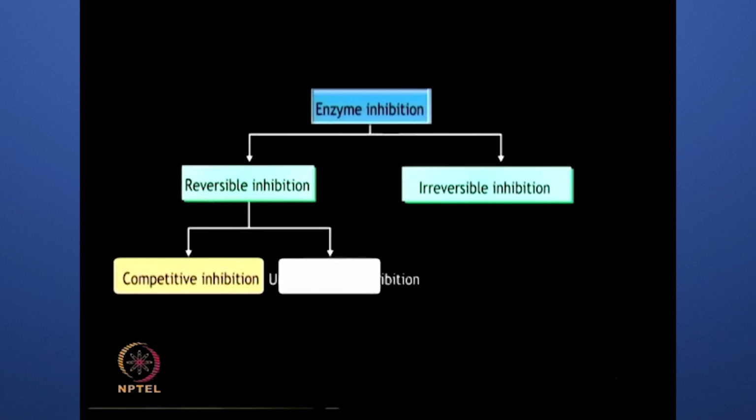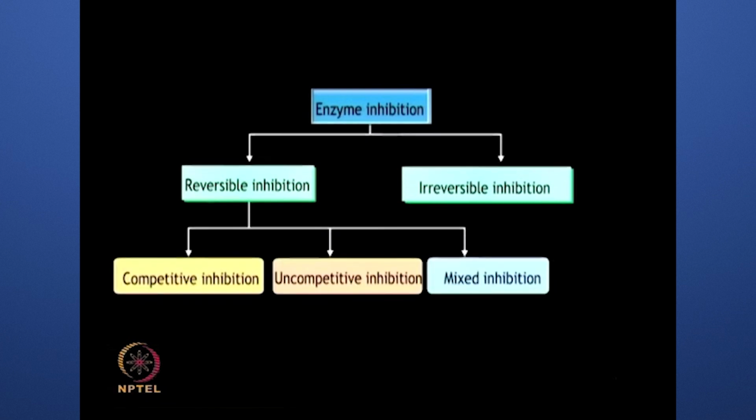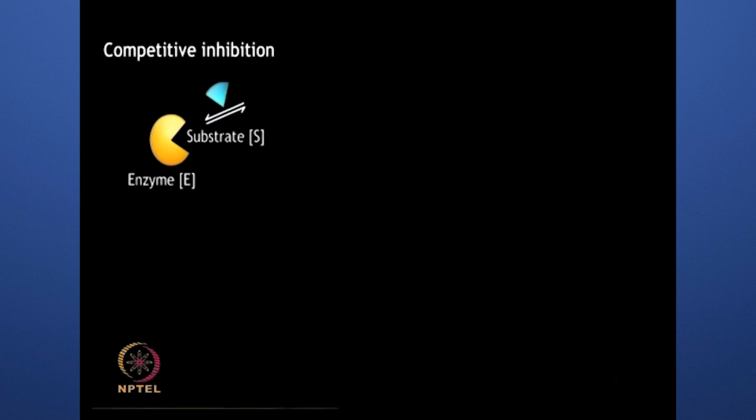The reversible inhibition can be further classified as competitive, uncompetitive, and mixed inhibition. In competitive inhibition, the inhibitor molecule is structurally similar to the substrate and therefore binds to the enzyme at the active site.